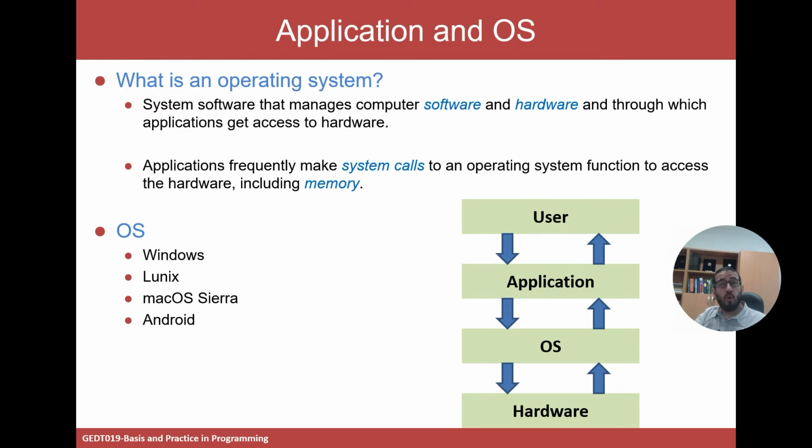So those softwares use these hardware components like the keyboard, the mouse, the memory, the CPU, the monitor. All of those applications that are using the hardware are controlled by the operating system. Without the operating system, it will be a mess.